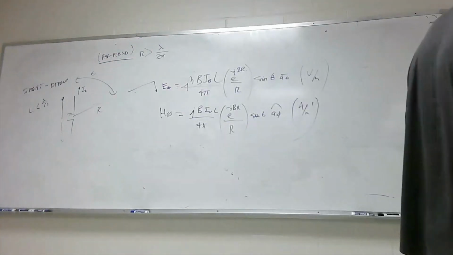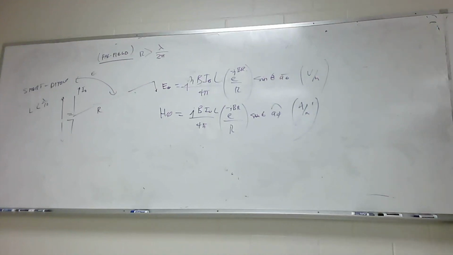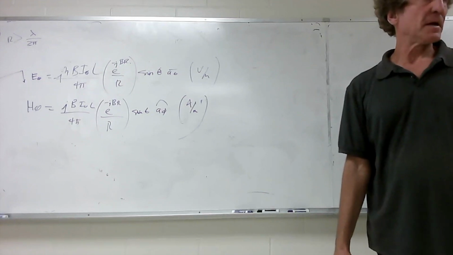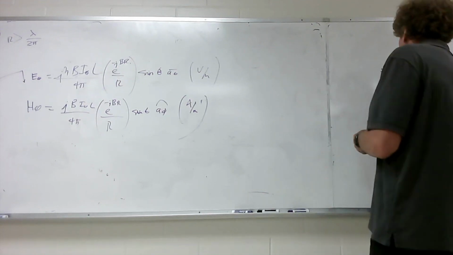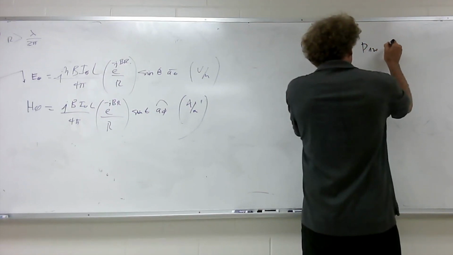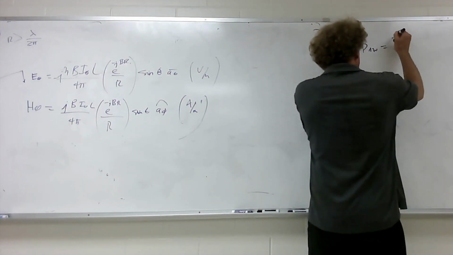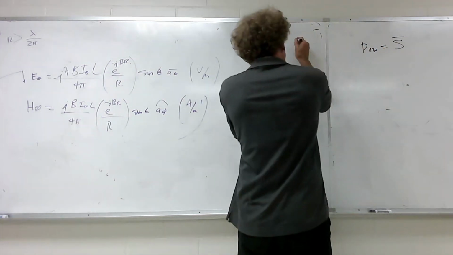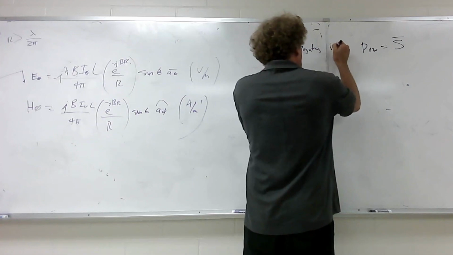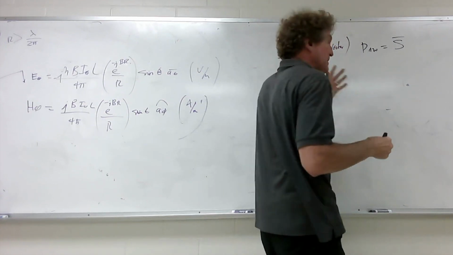Now, the power density is the next thing I need to get. We're in the far field for this one. But if we're in the far field, then we are in free space, right? Then the power density, P average, this is oftentimes given as the symbol S, and this is called a Poynting vector. That's very common.